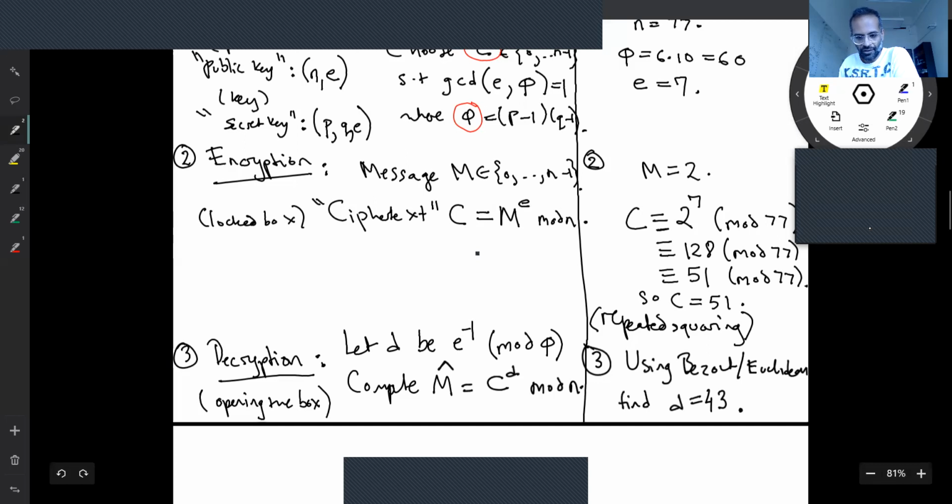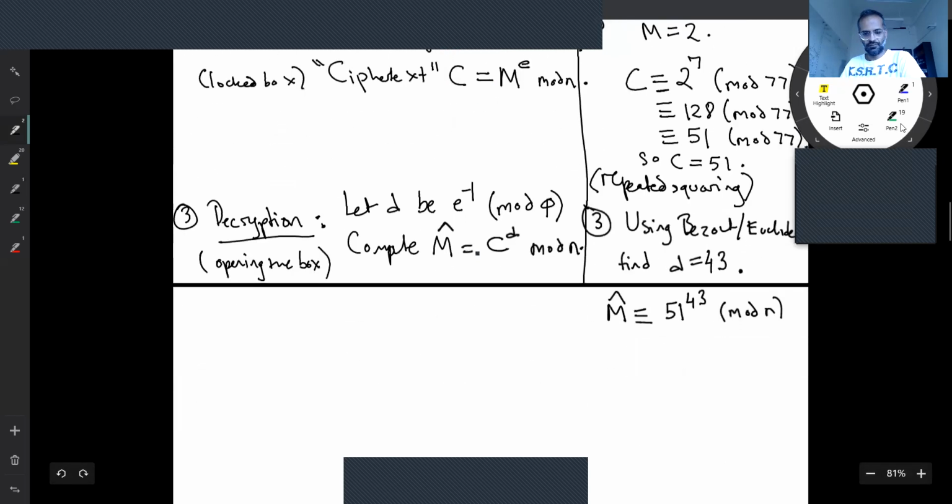Okay, and now let's compute M hat. This is going to be this number 51, the ciphertext, raised to the 43 modulo N. And now, again you do repeated squaring, which I'll skip.